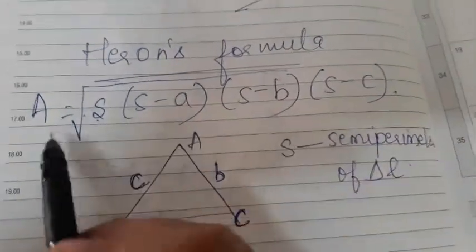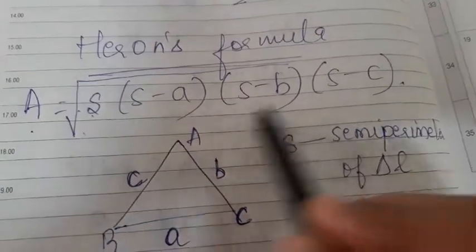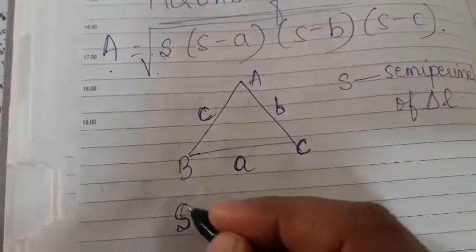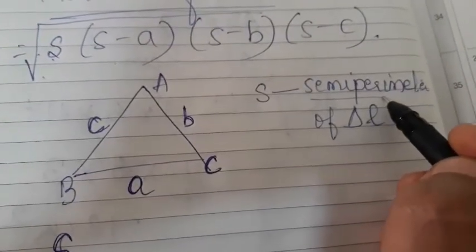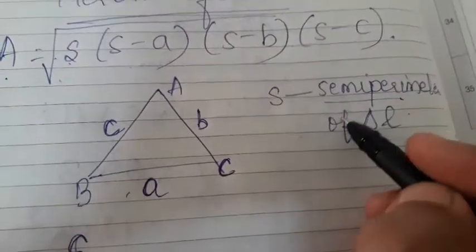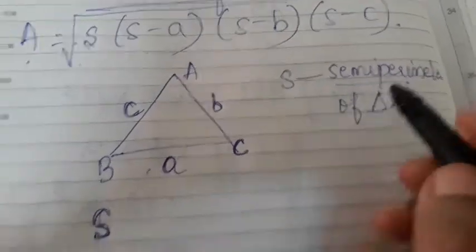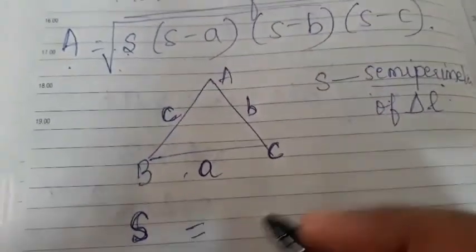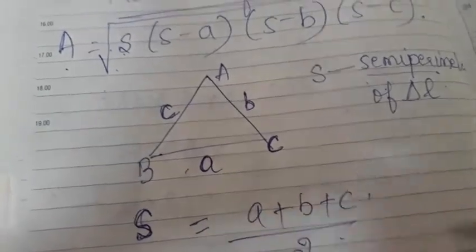Then the formula for area is given by root of S into S minus A into S minus B into S minus C. Now how will you find S? As I said, it is the semi-perimeter. Semi-perimeter will be the sum of the 3 sides divided by 2, which means it is half. So S is equal to A plus B plus C divided by 2.